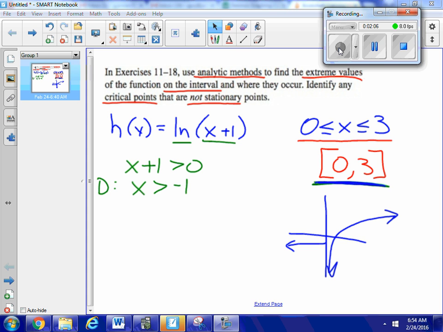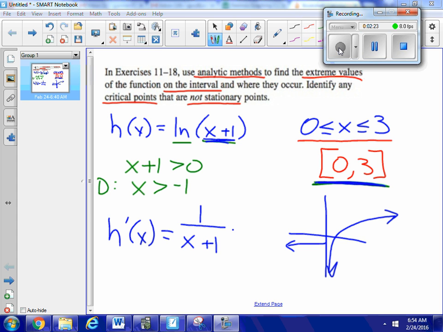I need to find the derivative. So h prime of x, well, I have a natural logarithm there, so the derivative of that would be 1 over the argument times the derivative of the inside. Well, the derivative of the inside is 1. So really, my derivative of this is 1 over x plus 1.